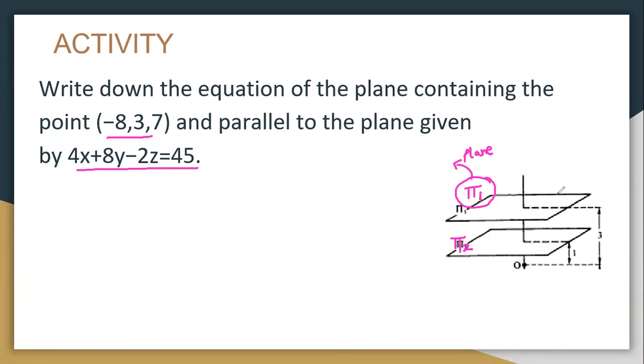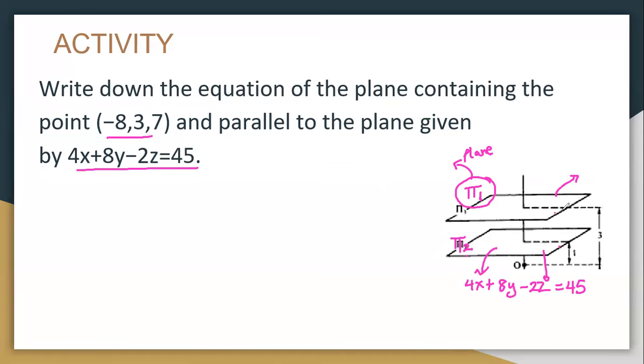So when you look at my diagram here, I'm showing that this is our first plane and this is our second plane. But they have given us the equation of one of the planes. Let me say they have given us the equation of the second plane, which is 4x plus 8y minus 2z is equal to 45. But they have told us that these two planes are parallel.